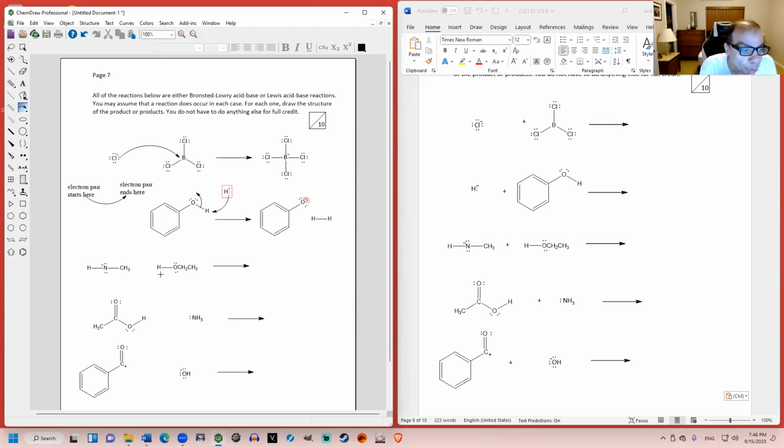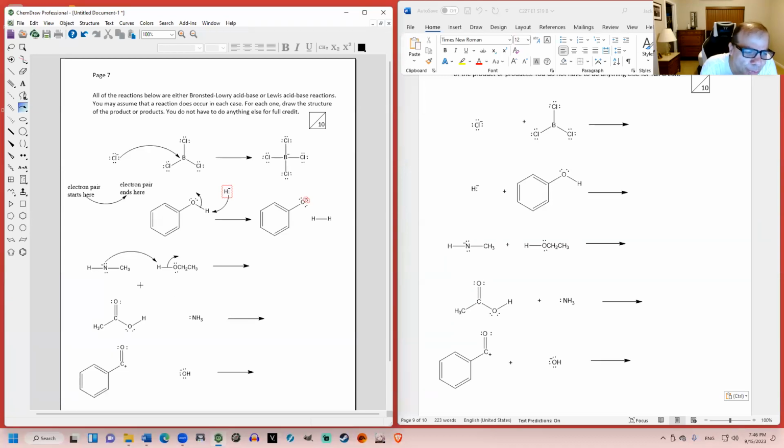So that's going to pull the proton off of the alcohol. That's a strong enough base to deprotonate an alcohol. And so the mechanism would start the arrow at the base and end the arrow at the hydrogen. And then we have another arrow breaking the hydrogen-oxygen bond and putting the electrons onto oxygen.